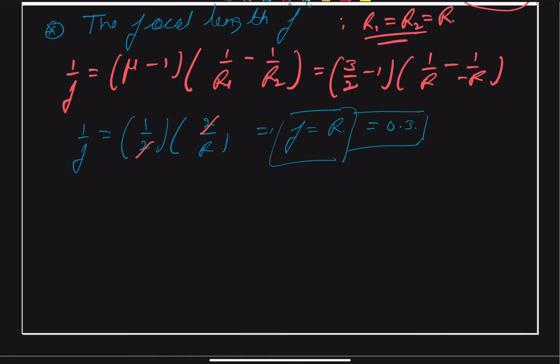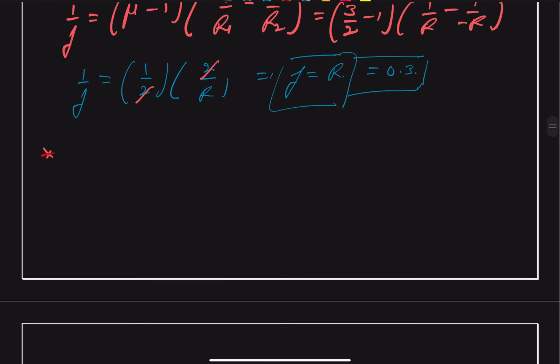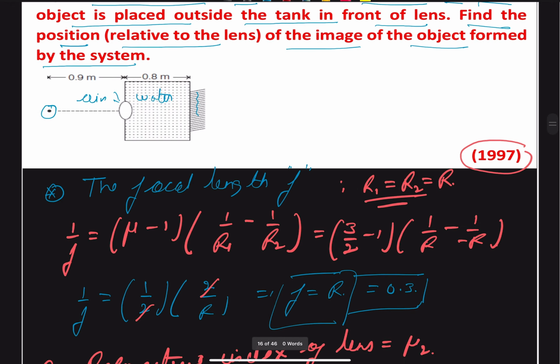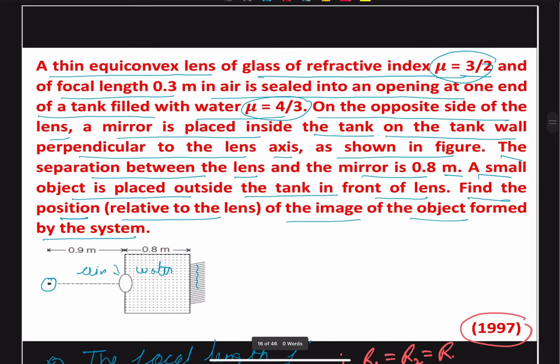Now if we say that the refractive index of the lens material is mu2, yeah, we have 2 refractive indexes.